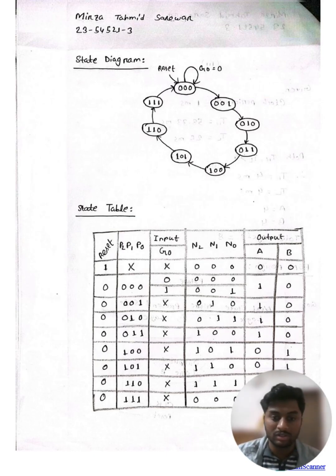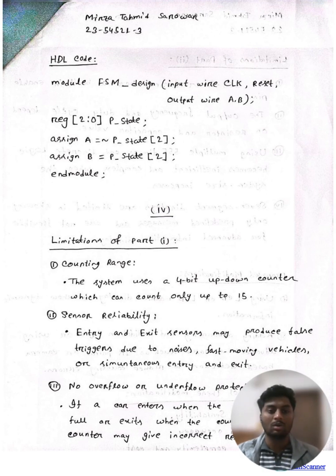There are some minor changes here, but it is almost the same. Then there is this HDL Verilog code, which I have written to generate these outputs. And with this, our question 3 is covered.